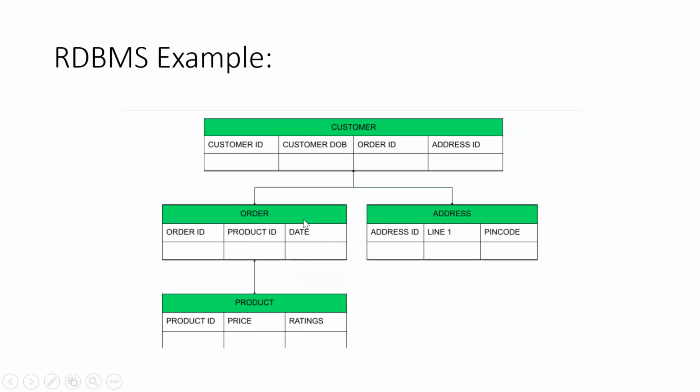I'll repeat this key concept again in tomorrow's session, but I'm giving you the example of RDBMS, how to set a relationship between two tables in a relational database management system. This is the way we set the relationship.